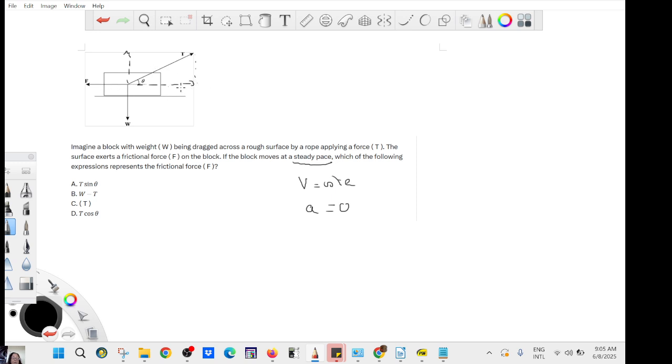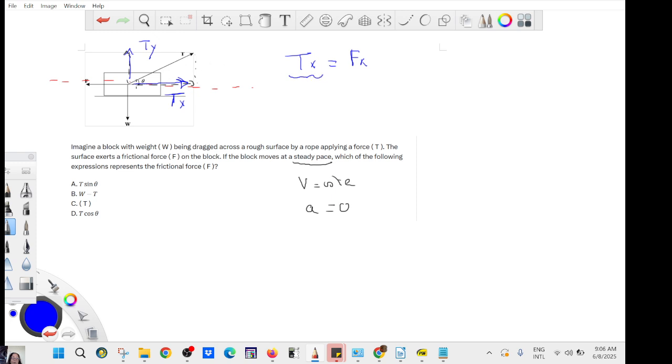So when you have a motion here, you're going to divide the forces into their components. So it's only along the X that it is moving, along the Y, it's not moving anywhere. So the tension has 2 components here. So that will be your X component, and that's going to be your Y component. So if it's moving at a constant velocity, that means the X component of the tension equals the frictional force, which is a kinetic friction. They are equal to each other, right?